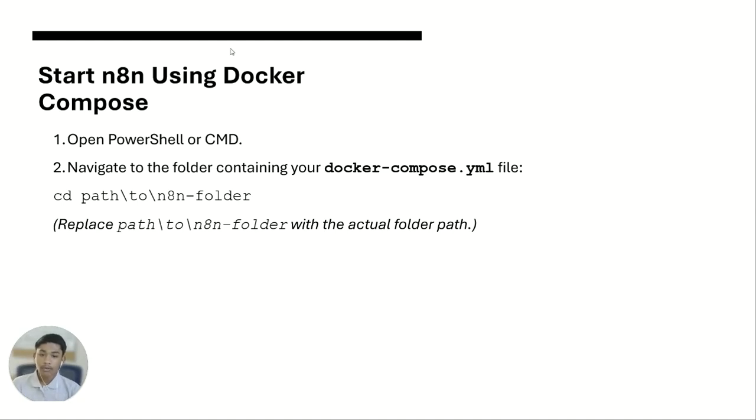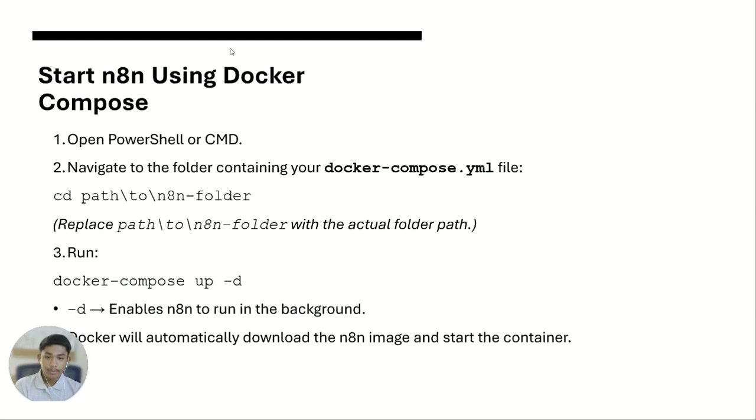Again, I'll have all of these commands in the description. Then to run, type docker-compose up -d. This will download the n8n image and then launch it. When you want to stop it, you can type docker-compose down.